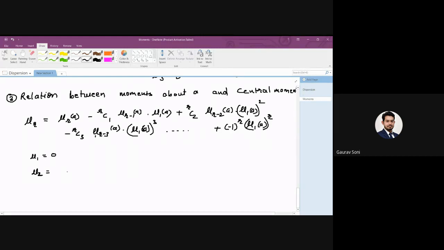Start with mu 2 of A minus 2C1, which is 2, then mu 1 of A into mu 1 of A. The next term is plus 2C2, which is 1, and we have mu 2 minus 2, mu 0 of A, which is actually 1.